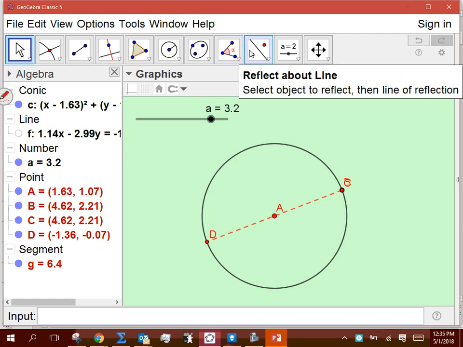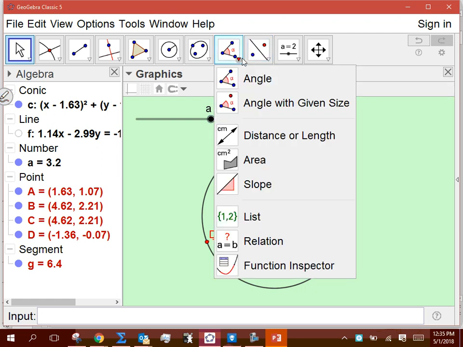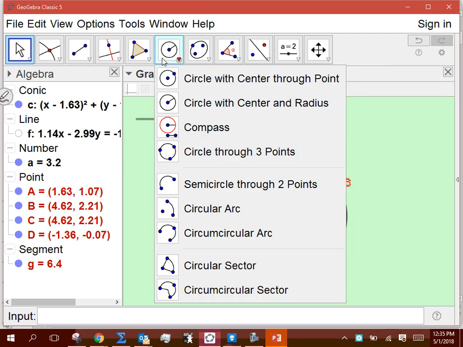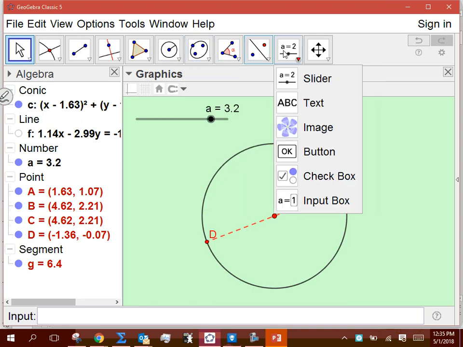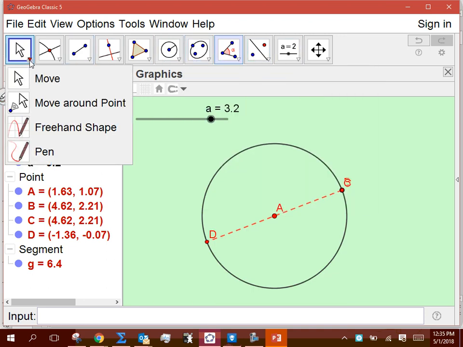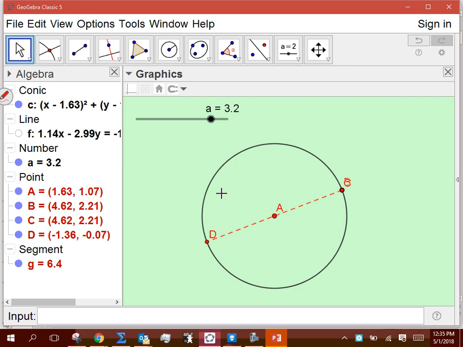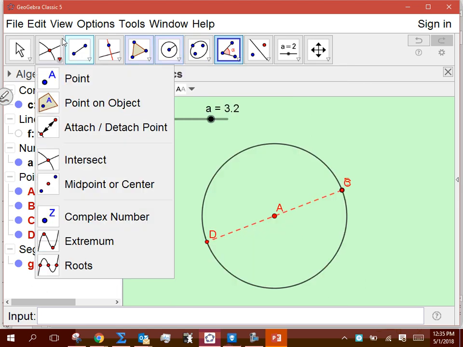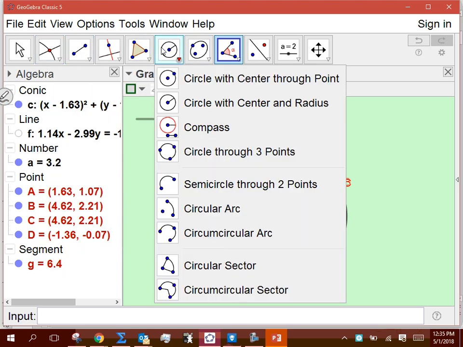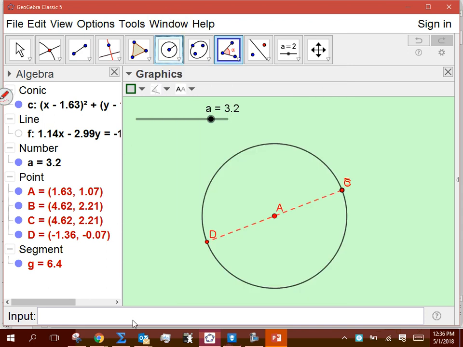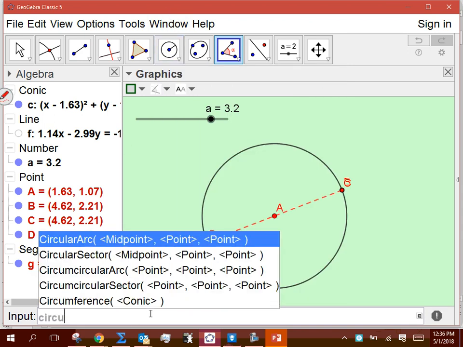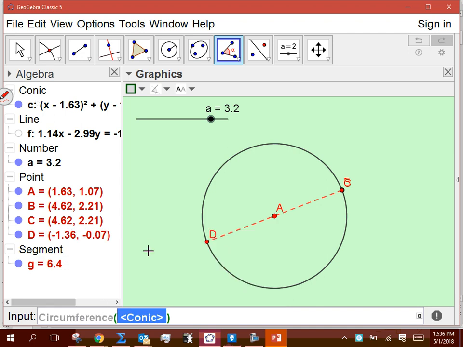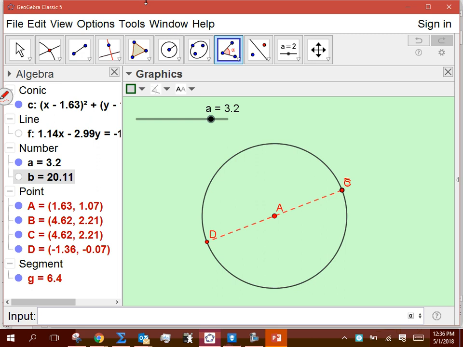If I ask for the circumference of this circle, the circumference of C gives me that number right there.